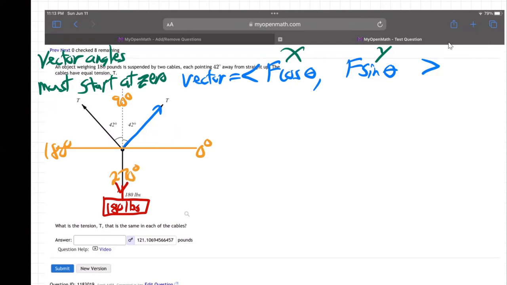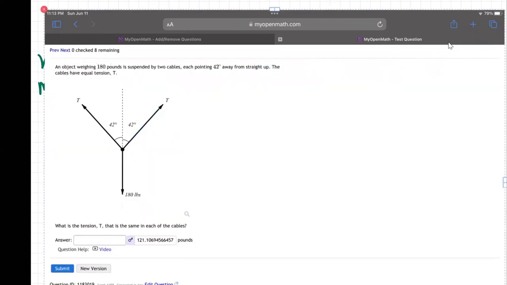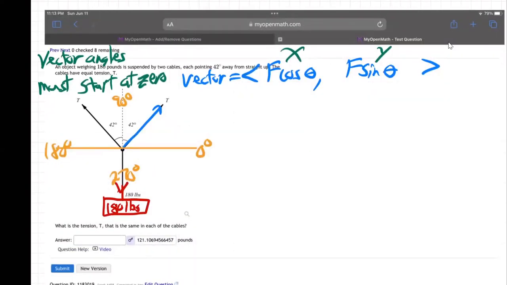So I'm going to do this first one. Here's the first angle. Okay, and what's that angle? Well, if this part is 42, then this must be 90 minus 42, which is 48 degrees.